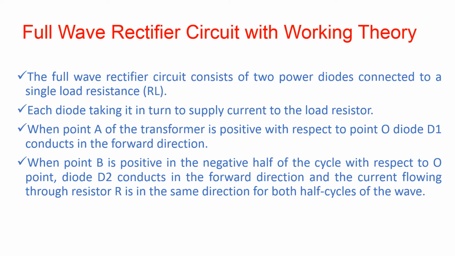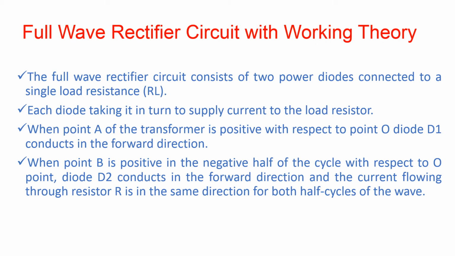Now, the full wave rectifier circuit has two power diodes connected to a single load resistance. As we have already mentioned, we have a single load resistance and two diodes, each diode taking its turn to supply current to the load resistance. During one half cycle, D1 is forward biased, so it will supply current to the load resistor.